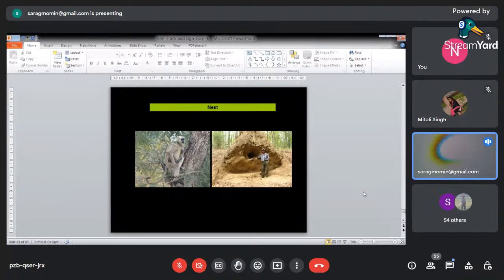So, Hanuman langurs in central India sometimes make this kind of nest for taking rest during day hours in order to avoid extreme temperature, especially during summer season.